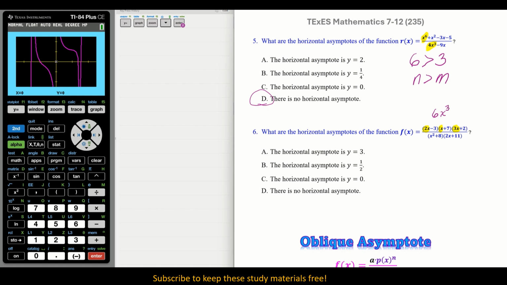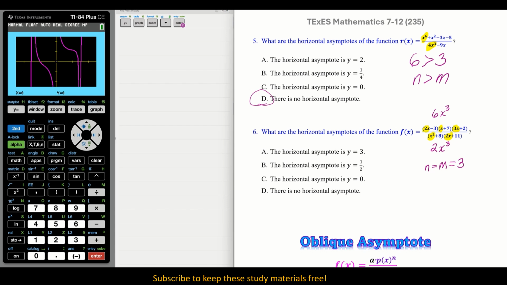Now, let's go to our denominator, and we're looking at x squared times x. And this gives us 2x to the third. So we're looking at n equals m equals 3.